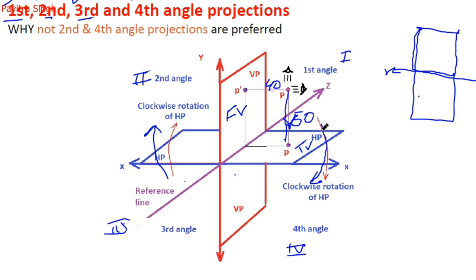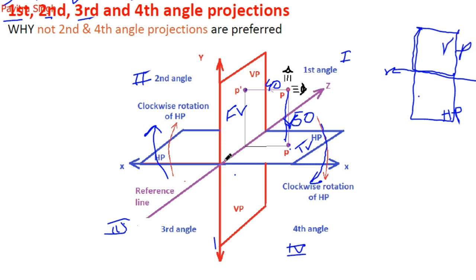Suppose this vertical plane is here, and this line is the reference line. Suppose this is the xy line. So this is the vertical plane, and this horizontal plane is rotated in the clockwise direction. The consideration is that we always rotate this horizontal plane in the clockwise direction, to make it parallel to the vertical plane.